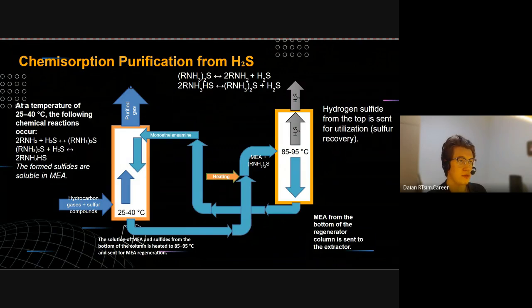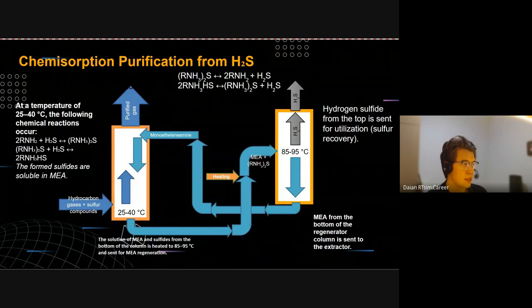About the theory of chemical absorption purification from hydrogen sulfate: the chemical absorption process relies on a chemical reaction between hydrogen sulfate and active components of the absorbent. Typical solvents are amine or alkaline solutions, for example, MEA, DEA, MDEA, and Econamine.